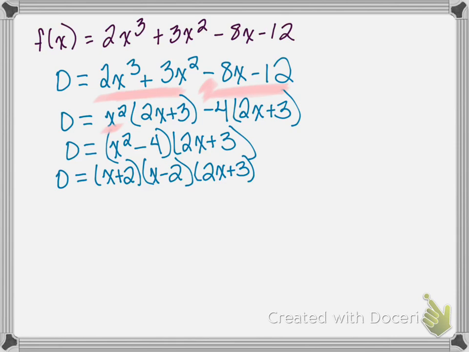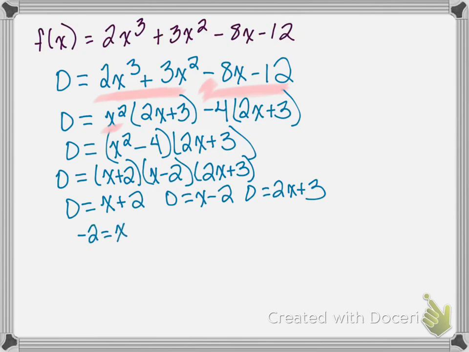The multiplicity of 1 shows up much more often than today would suggest because we've done so many with multiplicities. So I'm going to set each one of these factors equal to 0, and I'm going to solve. So I can have x equals -2. The multiplicity for that is just 1. I have x equals 2.